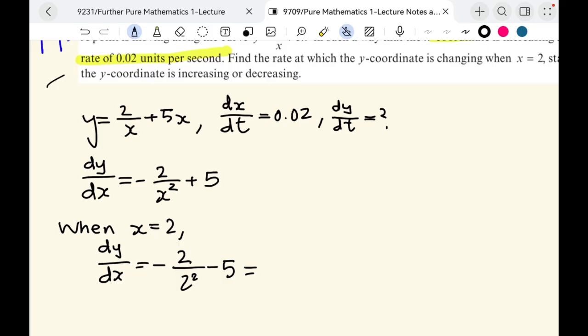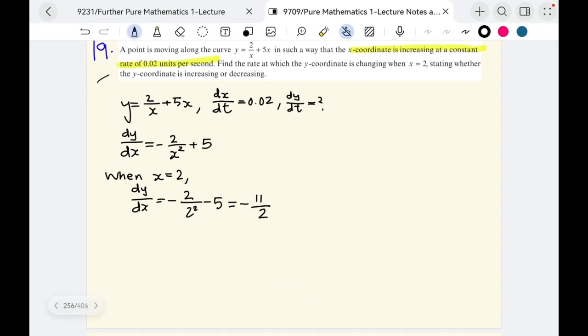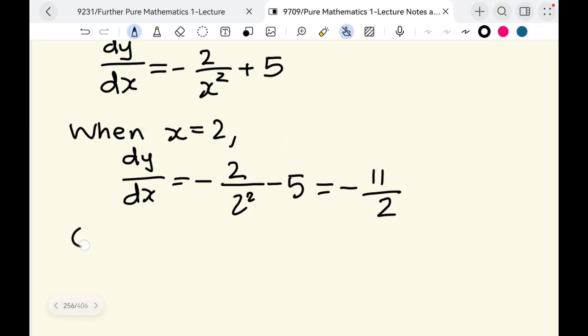Negative 2 over 4 plus 5, it's 9 over 2. So when it comes to rate change, what should you use? Chain rule, correct? So write out, introduce the chain rule.